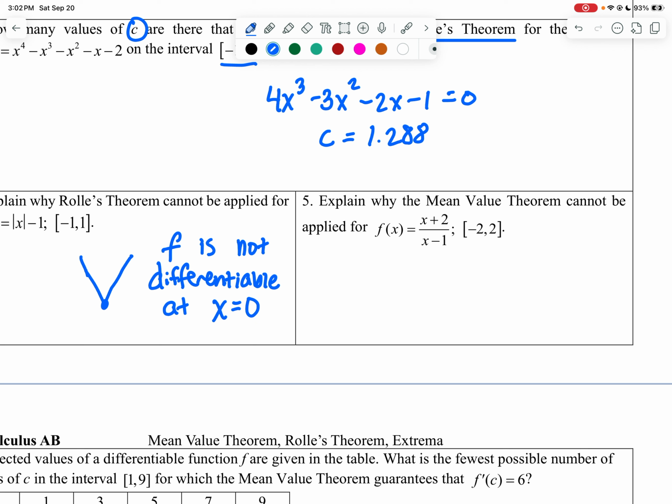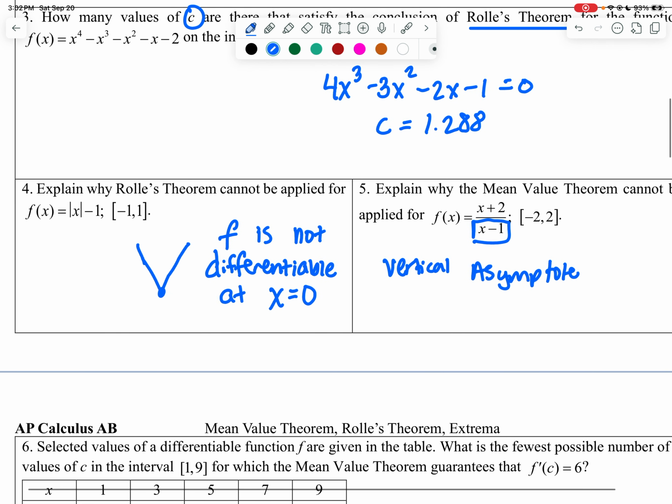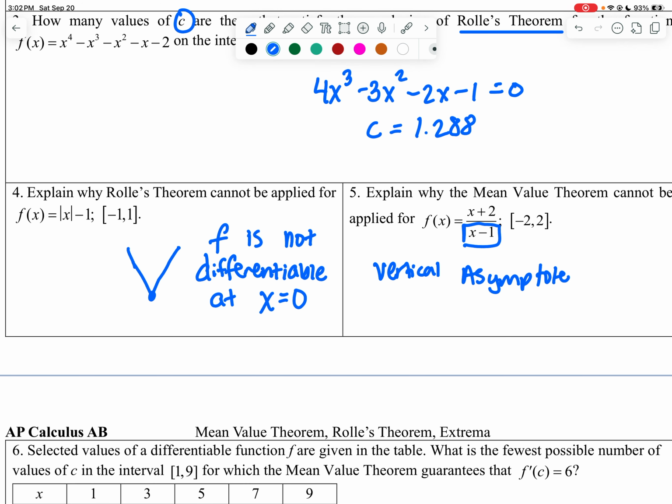Likewise, for number 5, why can't the mean value theorem be applied for this? -2 to 2. Well, we could see that we have a vertical asymptote at x is equal to 1. Now, can we change the intervals so that Rolle's theorem or the mean value theorem can be applied? Yeah.